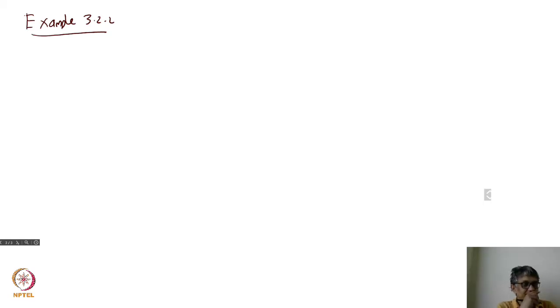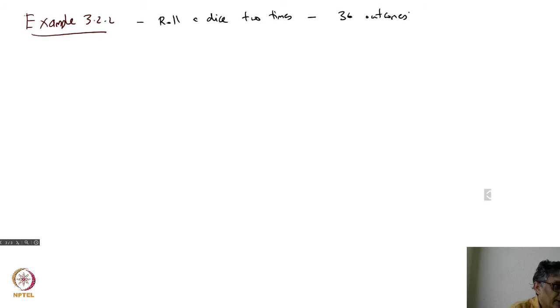The idea is that you roll a die two times, and that was the experiment. We viewed it as 36 outcomes, and they were all equally likely.